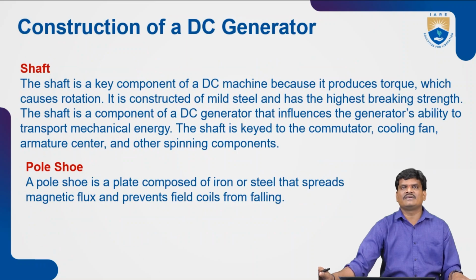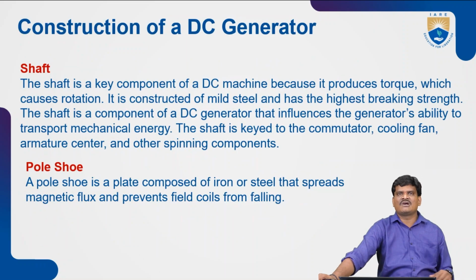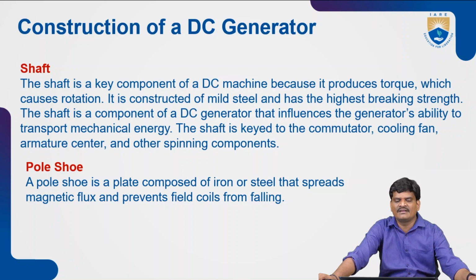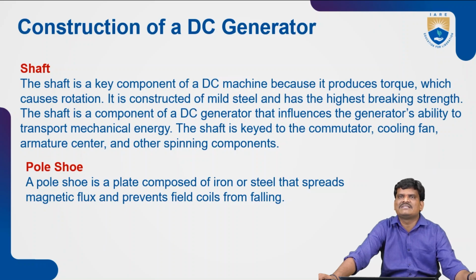Coming to the next point, that is the shaft. So what is a shaft? How can you define the component called shaft in a DC generator? The shaft is a key component of a DC machine because it produces torque, which causes the rotation. The material used to make this shaft is mild steel, which has high mechanical breaking strength.